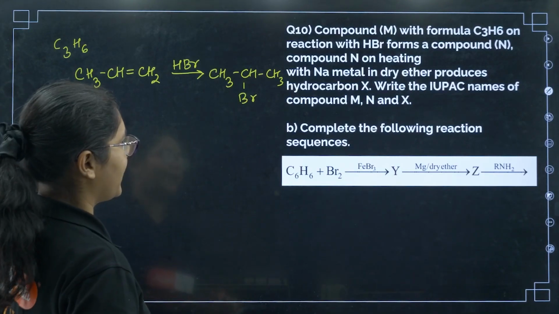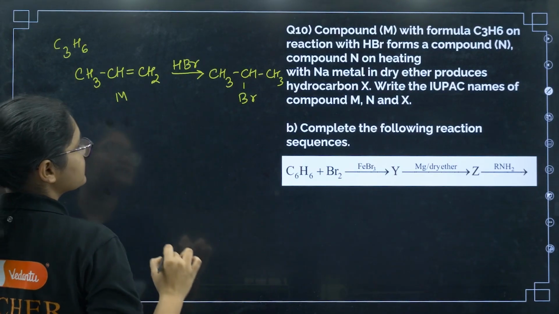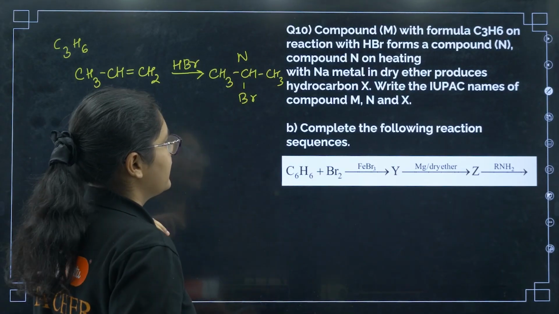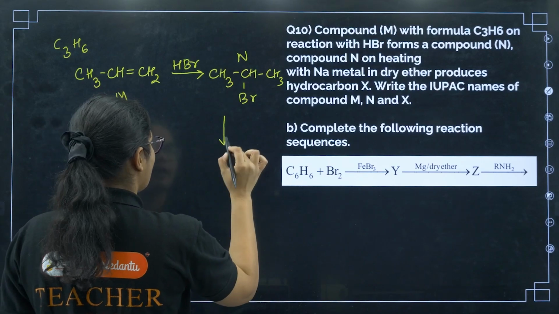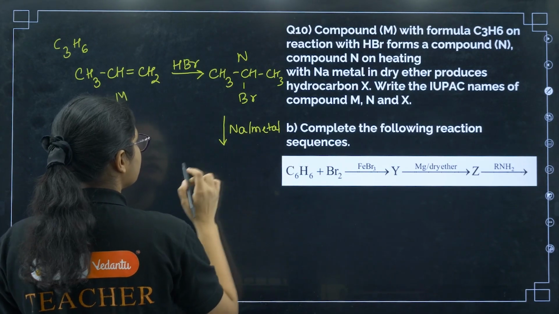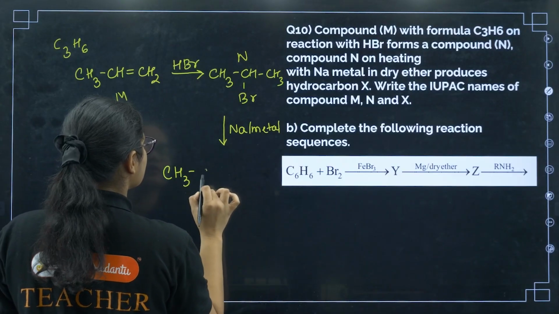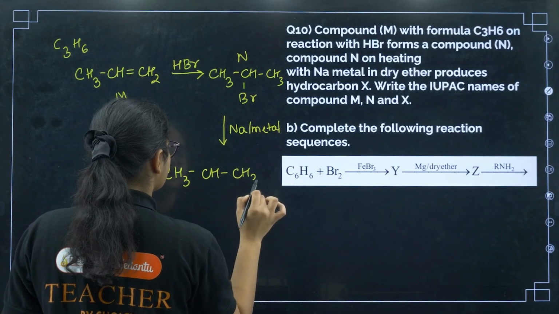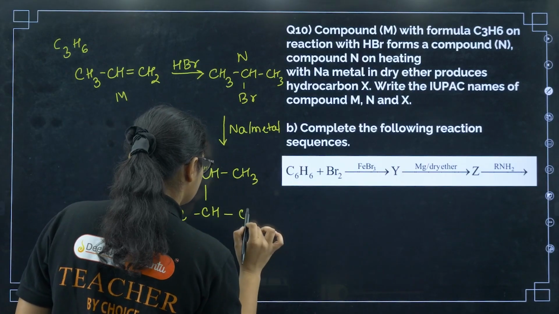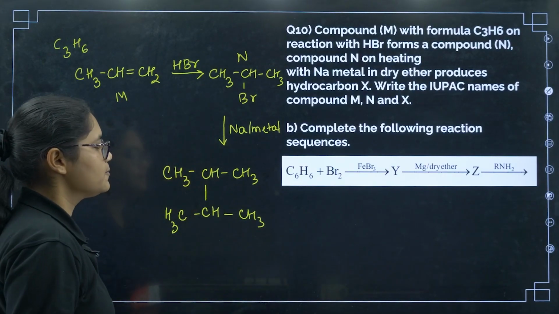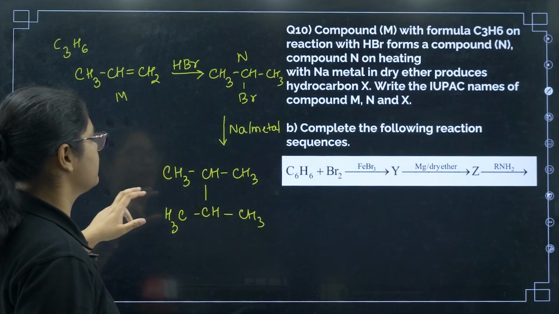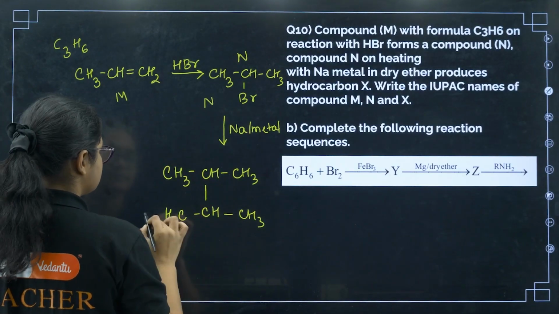This is M. Next we have N, and then it is treated with sodium metal. This will give you CH3, CH, CH3, CH, CH3 and CH3. So these are the reactions which will give you M, N and X.